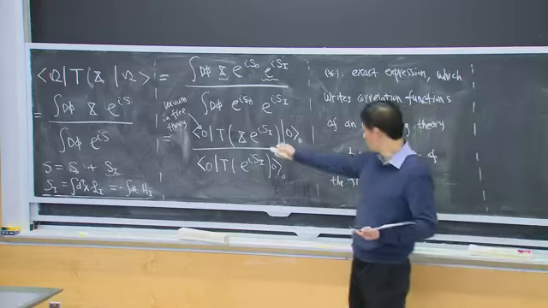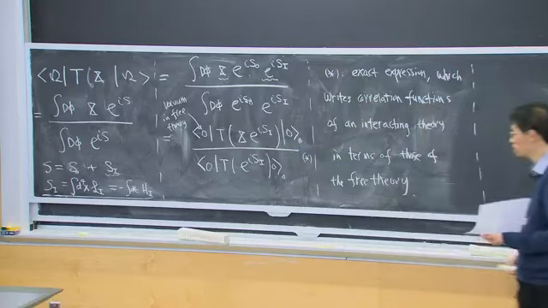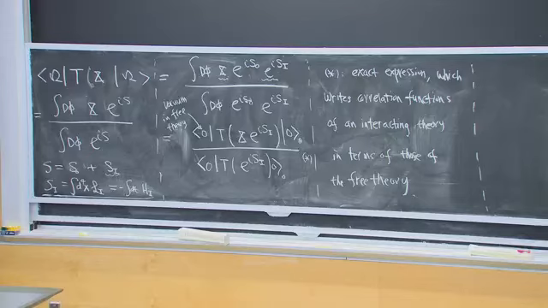These are just correlation functions in the free theory. So both upstairs and downstairs, they can in principle be evaluated as we discussed before in free theory.